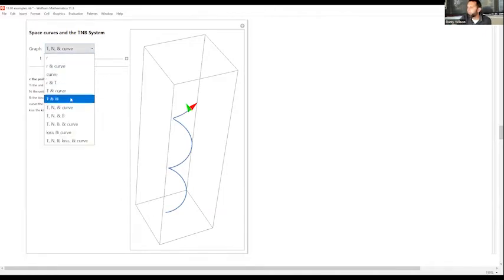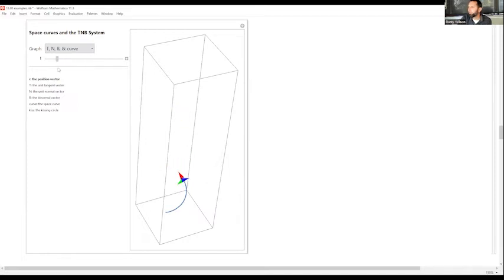And then lastly, well, not quite lastly, you have the binormal vector doing the same thing, but it's pointing perpendicular. So as we wind our way around, the binormal vector is always pointing up as we spiral around our helix.